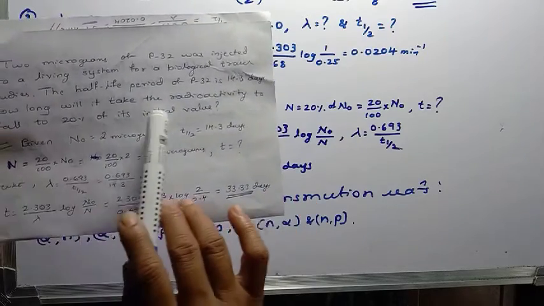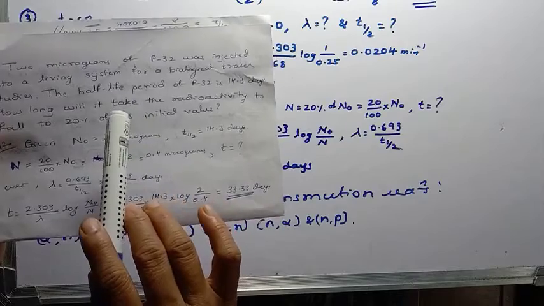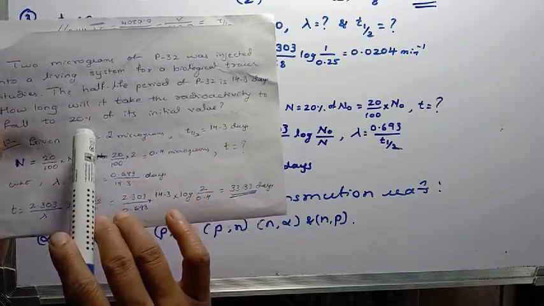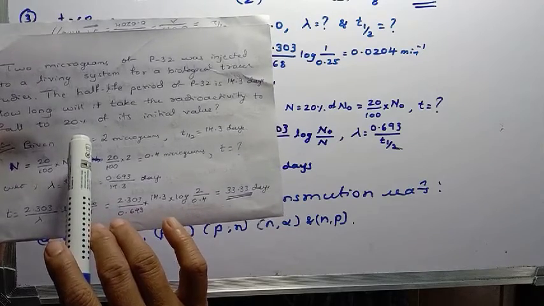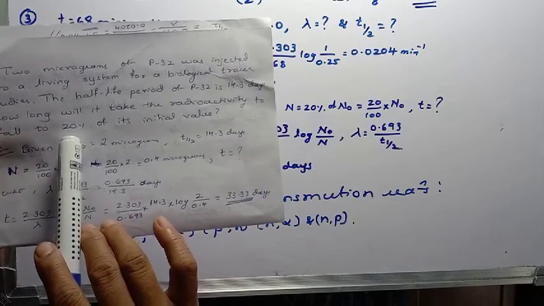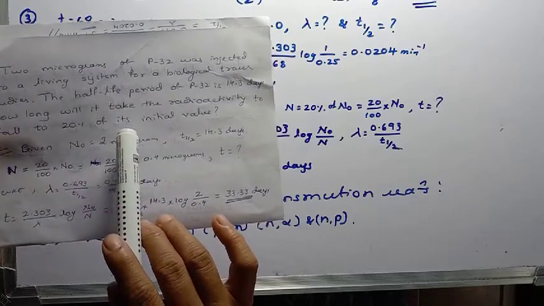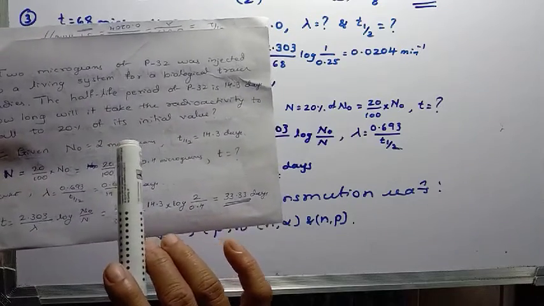So how long does it take? We have to find out the t to reduce the initial amount to 20% of it, that means 20% of 2 micrograms, when it remains in the undecayed state.